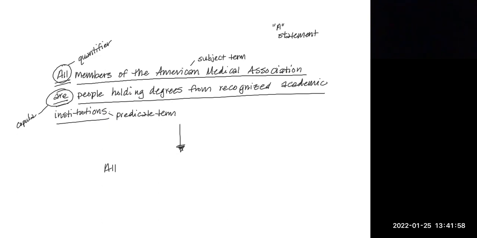So I'm going to put M for members of the American Medical Association, and I'm going to put D for people holding degrees from recognized academic institutions, just to avoid using S and P. So here, all M are D would be the standard form categorical proposition that comes from this categorical proposition that wasn't in standard form entirely.